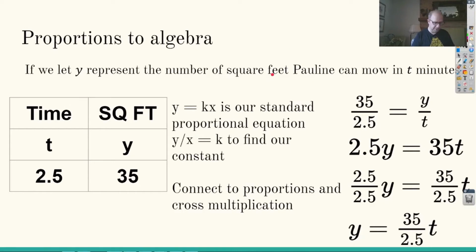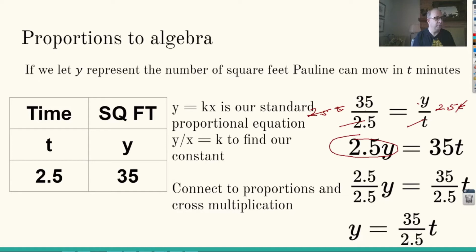When we have these proportions, we multiply by the denominator, 2.5 and t on both sides. t cancels out here. 2.5 cancels out here. I have y times 2.5, and I have 35 times t. Then I divide by 2.5 on both sides, so 2.5 cancels out. 35 divided by 2.5.